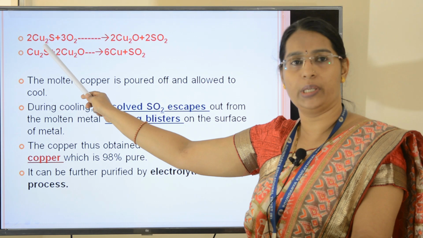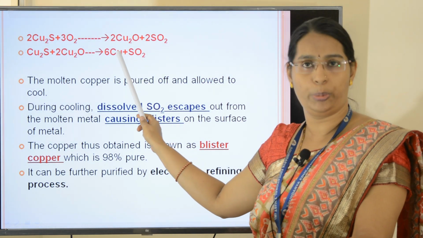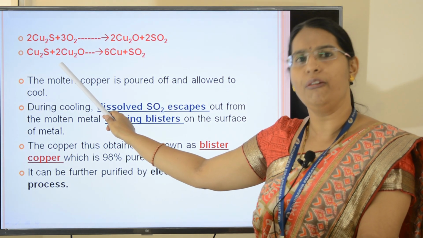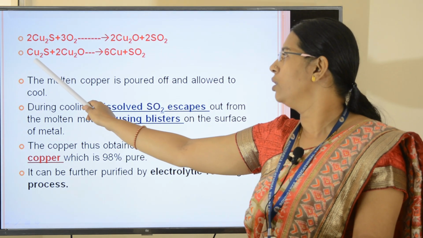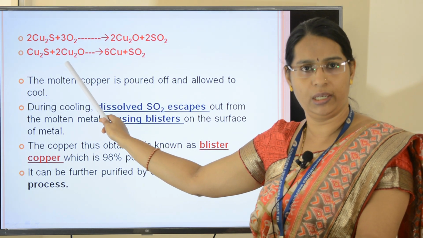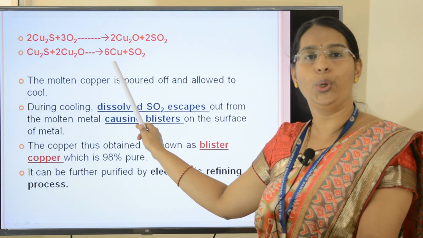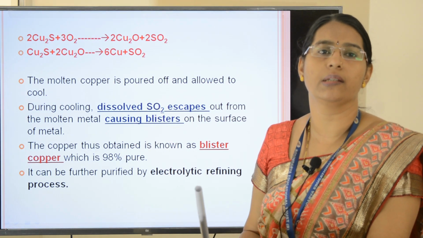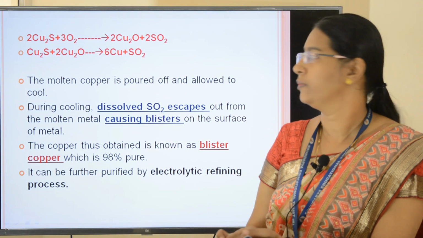Little amount of cuprous sulfide is oxidized into cuprous oxide. In the second step, also called the self-reduction step, the cuprous sulfide combines with the cuprous oxide formed here and it will reduce into copper, and sulfur dioxide gas is also released.